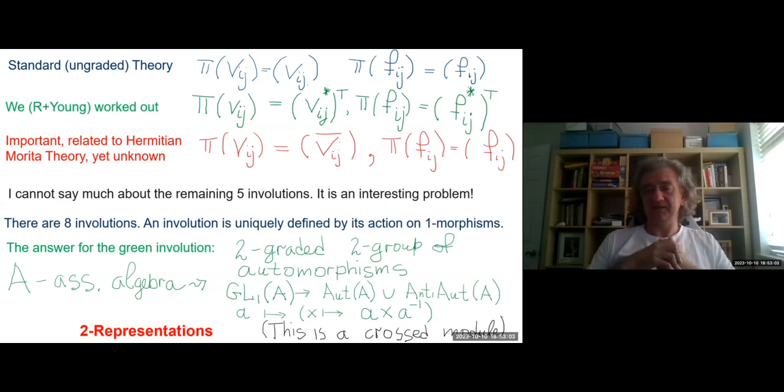The way it comes to topology is through KR theory. You have a topological space on which your C2 graded group acts. And then you consider complex vector bundles on which the group also acts.